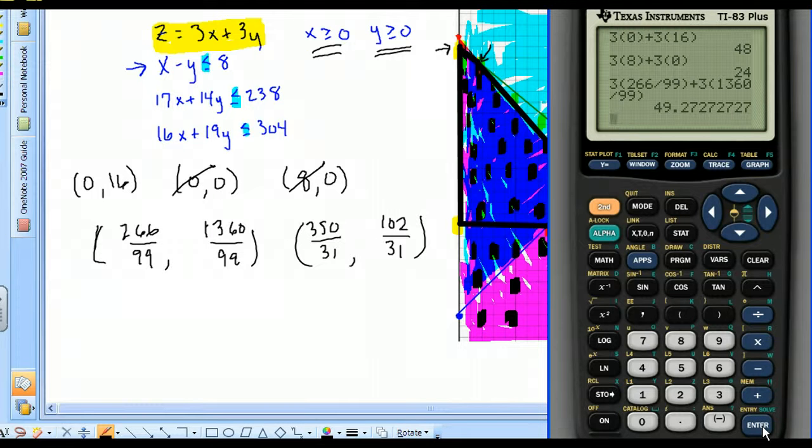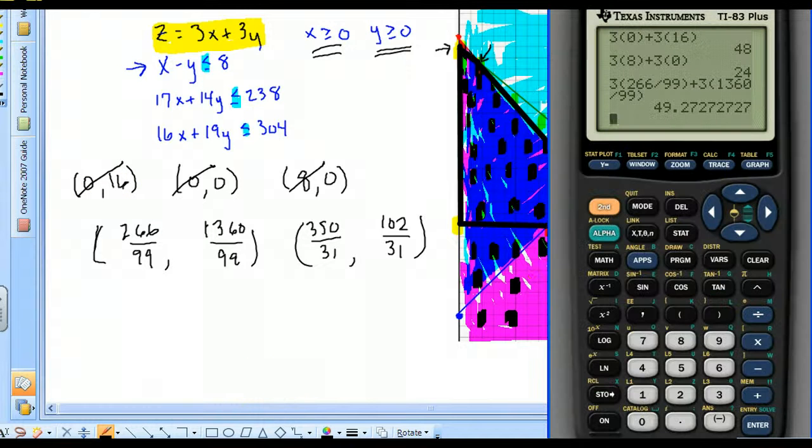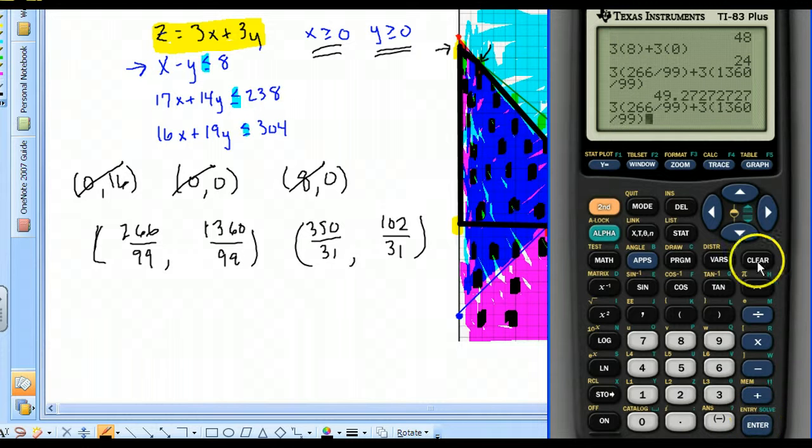So it's a little bit bigger, so that's going to eliminate the 0, 16. Now 350 over 31, and delete, 102 over 31.